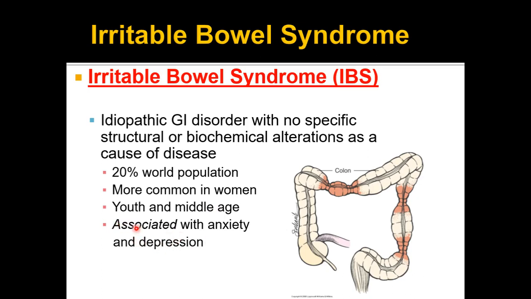And also IBS is closely associated with anxiety and depression. And I would be willing to argue that we don't know which is causing which in many of these cases. So is the IBS and the problems that occur with that causing the anxiety and depression, or does somebody have underlying anxiety and depression and that is translating to IBS-like symptoms?